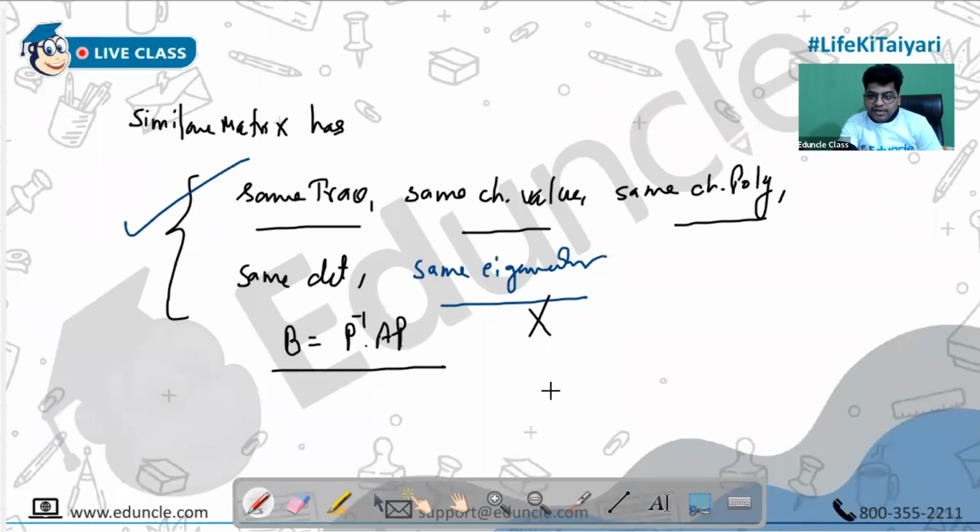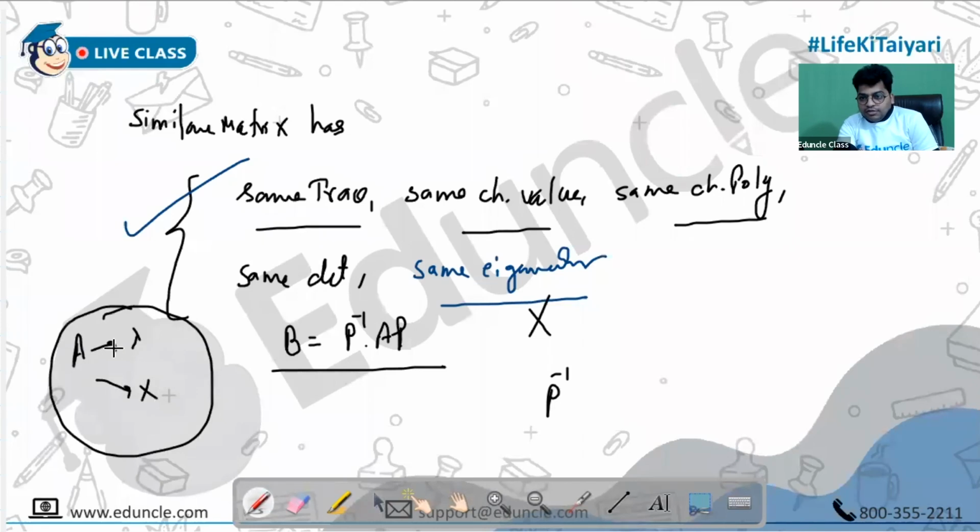So P inverse AP has eigenvector, if A has eigenvector, eigenvalue lambda. No. See this. Similar matrix has same eigenvector if algebraic multiplicity equal to geometric multiplicity. Thanu, you are saying similar matrix has same eigenvector if algebraic multiplicity is equal to geometric multiplicity.